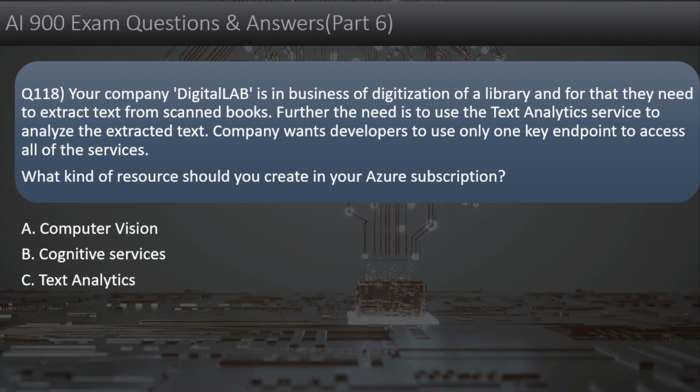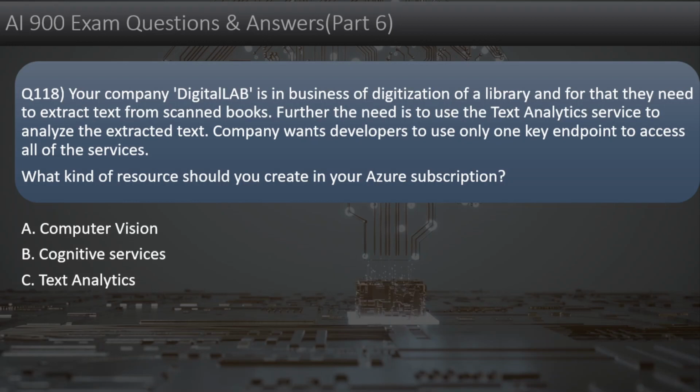Your company's digital lab is in the business of digitalization of a library, and for that they need to extract text from scanned books. Further, the need is to use the text analytics service to analyze the extracted text.